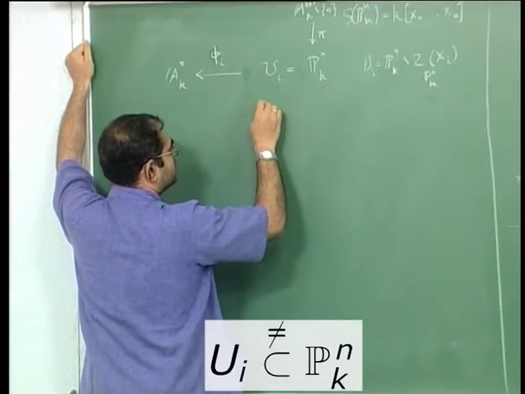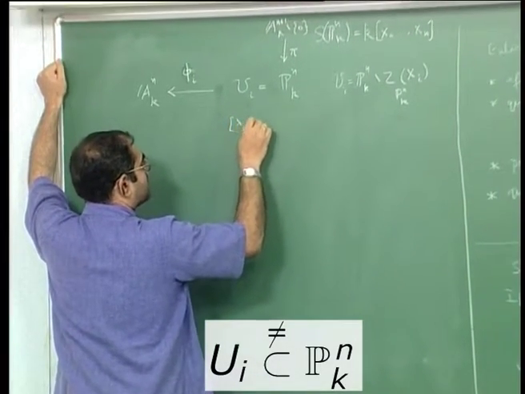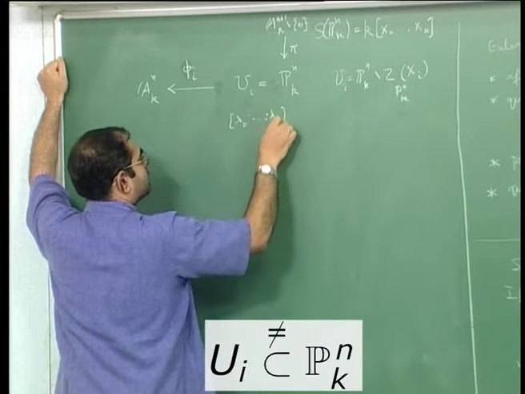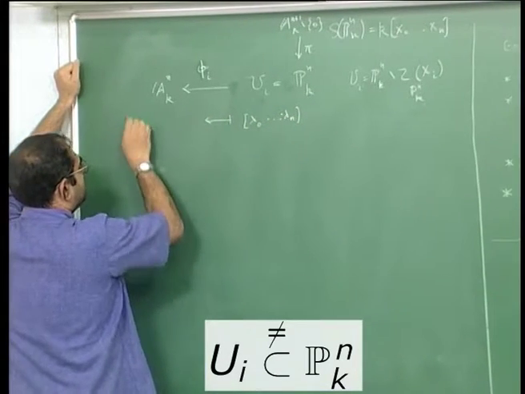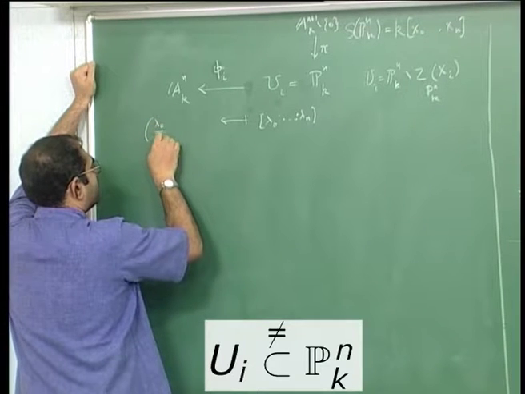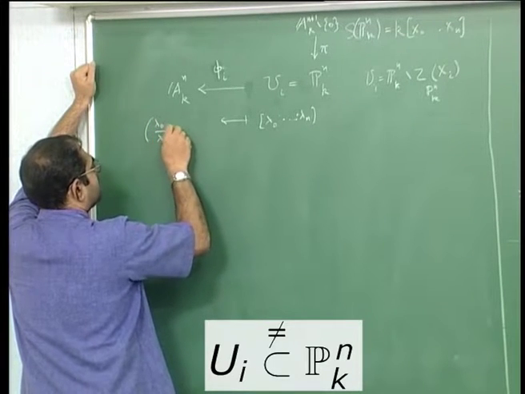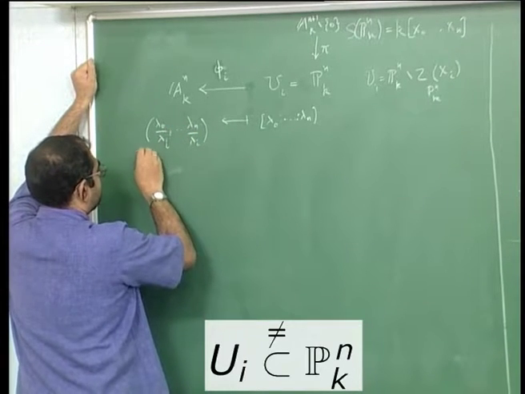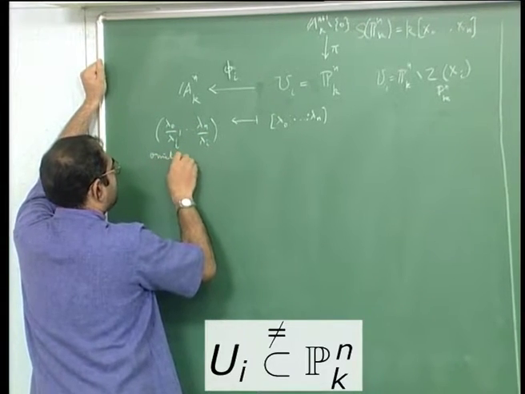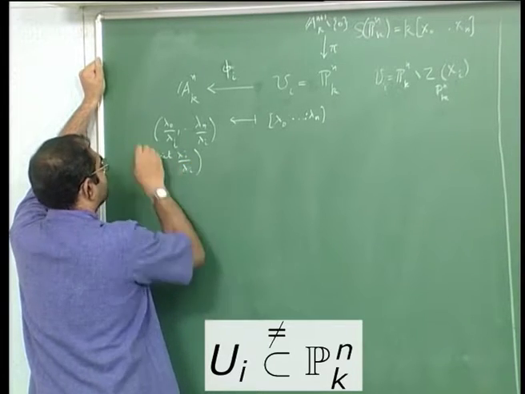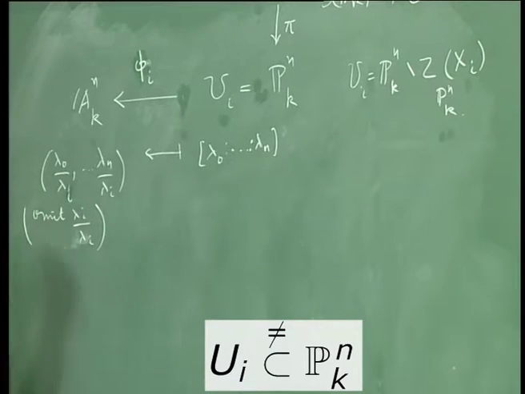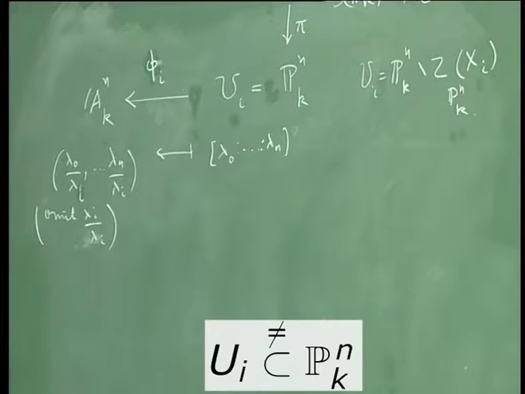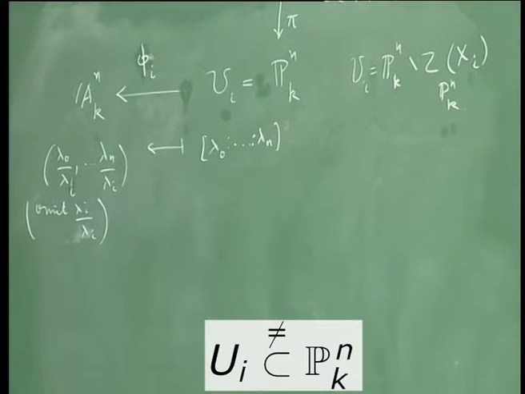What you did was you took a point with coordinates lambda_0, ..., lambda_n and simply sent it to the point lambda_0/lambda_i, lambda_1/lambda_i, ..., omitting lambda_i/lambda_i, ..., lambda_n/lambda_i. So this is the map we defined, and it's easy to check that this map is a bijective map.